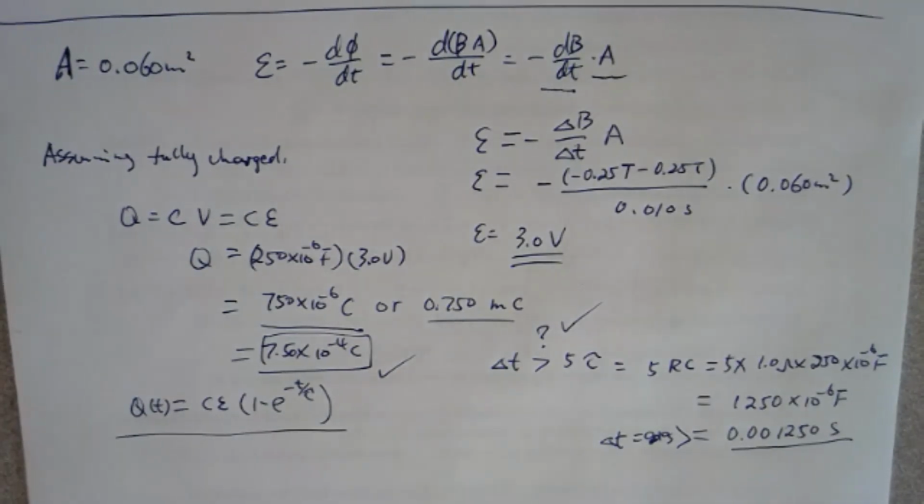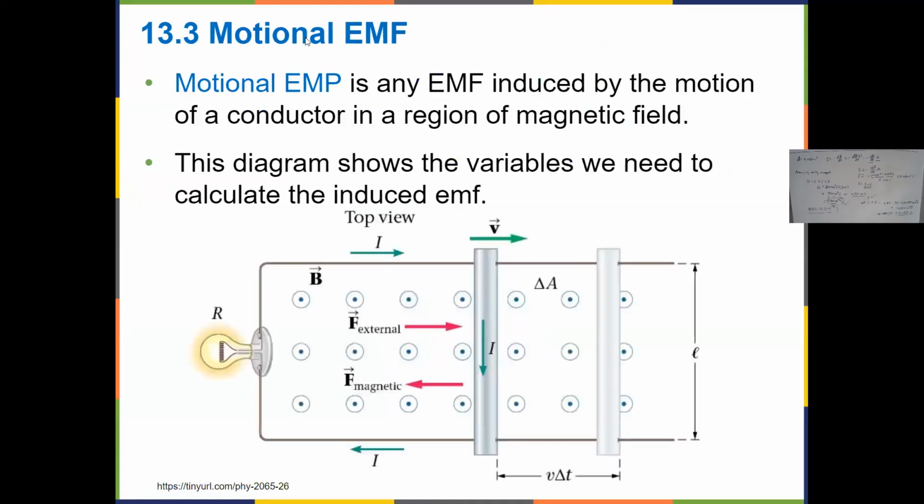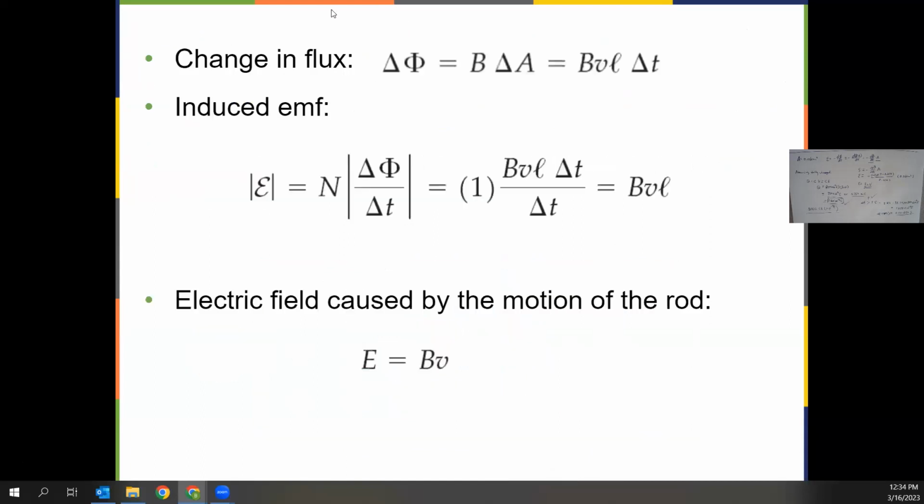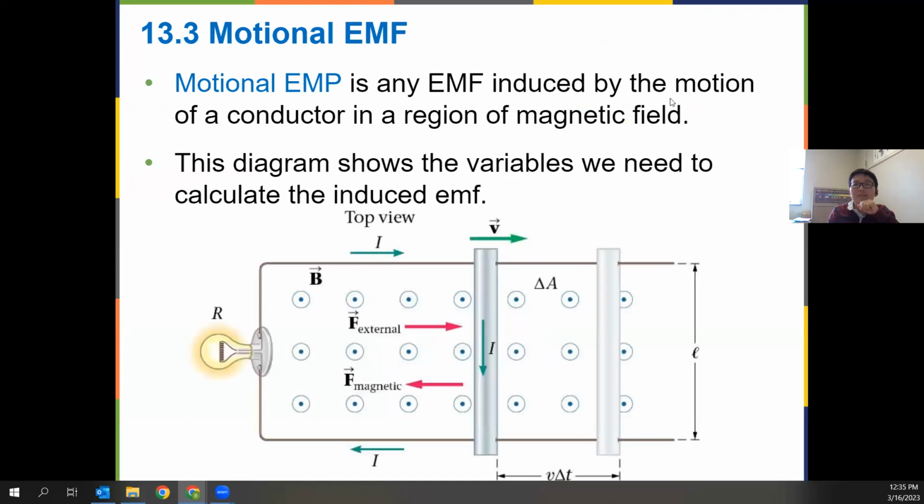All right, let's go back to the slide. So then let's take a closer look at the circuit being powered by the movement of the conductor here. Now this time let's look at the other way around.